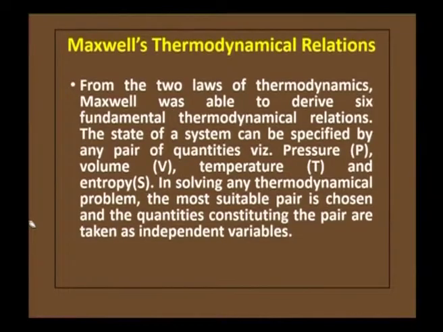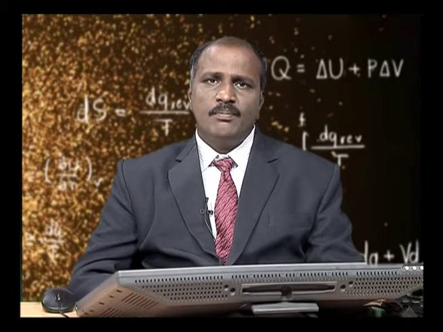In order to derive these relations, you need to specify a state of a system, and this state of a system can be specified by any pair of variables or any pair of quantities, say like pressure and volume, pressure and temperature, temperature and volume, pressure and entropy, and so on.